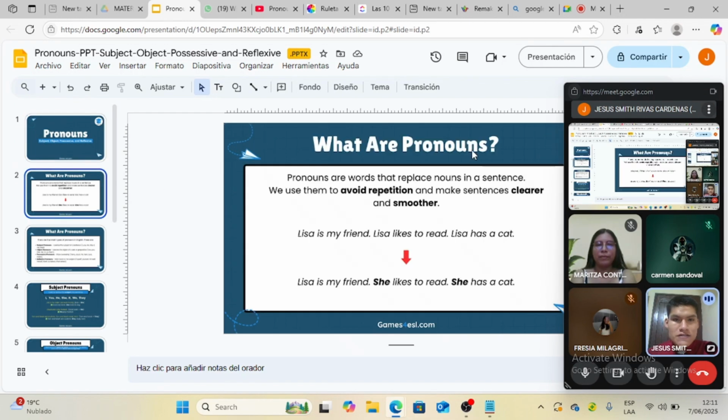Well, let's start with what pronouns are. For this, I would like to have the participation of Maritza. Maritza, could you please read what pronouns are?